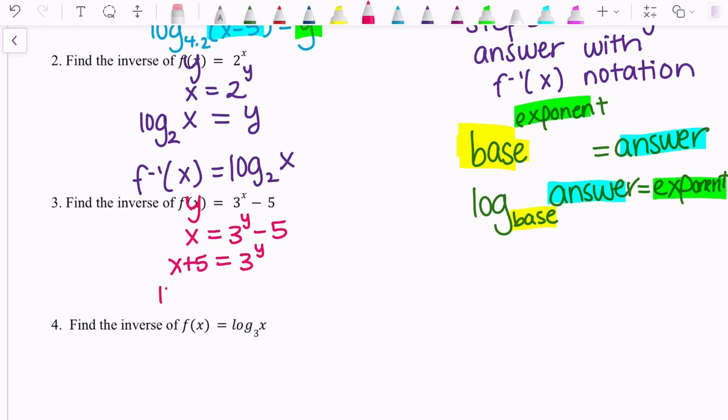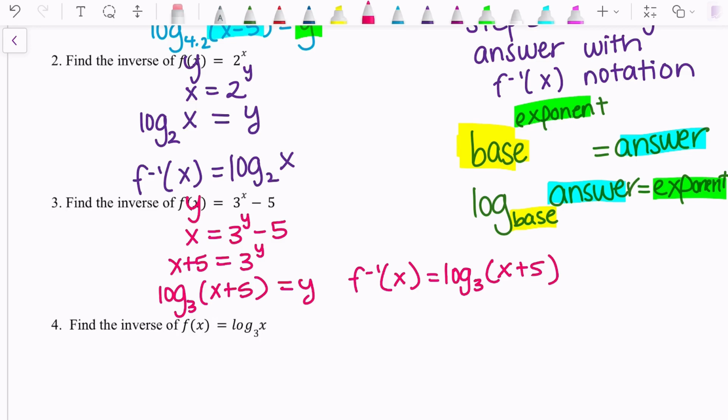So this is log base 3 of x plus 5 is equal to y. Notice when there was more than just an x on the left side, I went ahead and put it in parentheses just to show that it goes together. And then my final step is just to write it with inverse notation. So it's like we change f of x to be y, and then we change y to be the inverse when we're done.